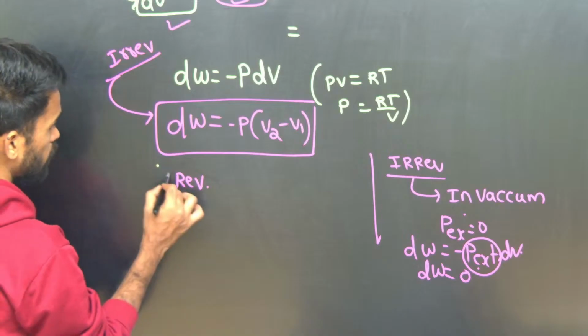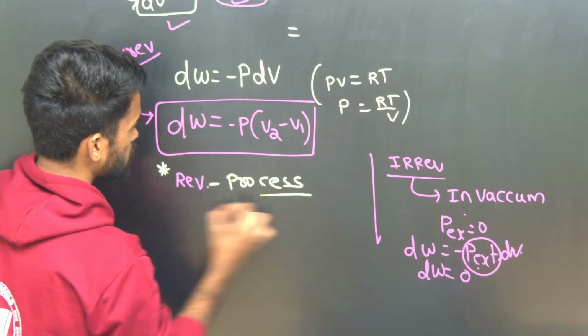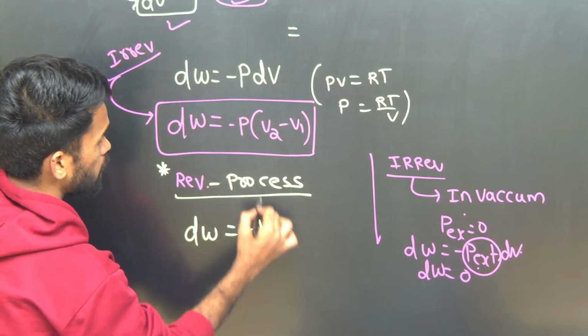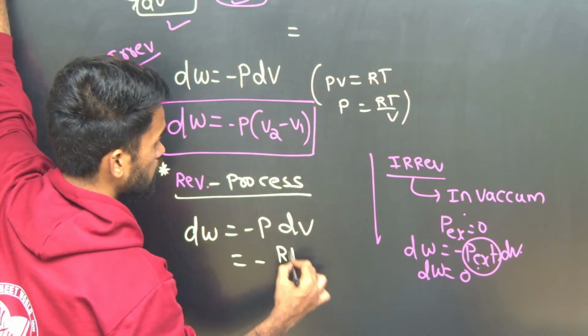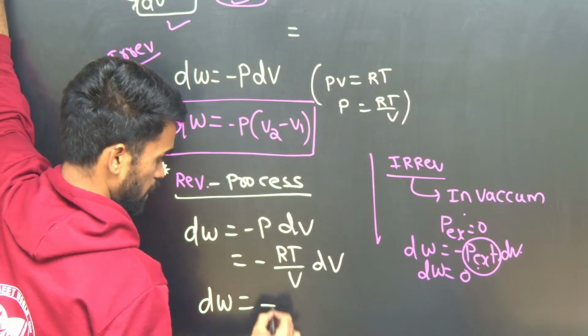Again, for the isothermal reversible process, I can replace dW equals minus P dV, and P can be replaced by RT by V, so dW will be minus RT times 1 by V dV. Now I am applying integration on both sides. The integration of 1 by x dx is ln x.